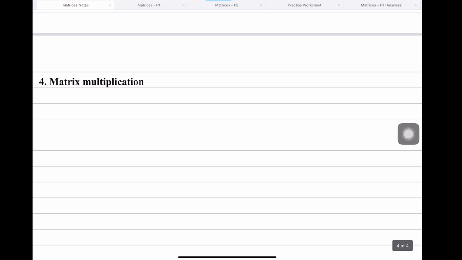All right. But first, let's write down the rule for two matrices to be multiplied.